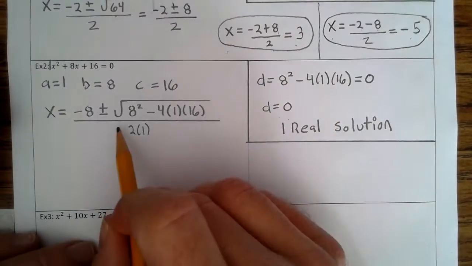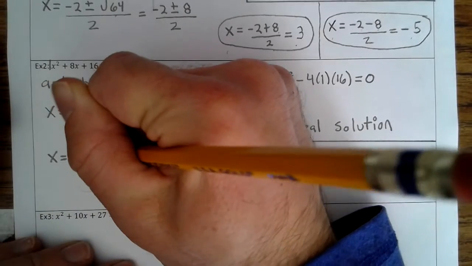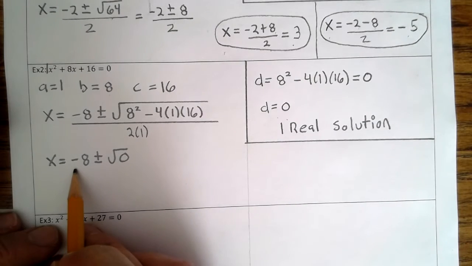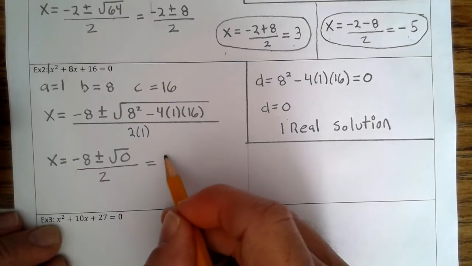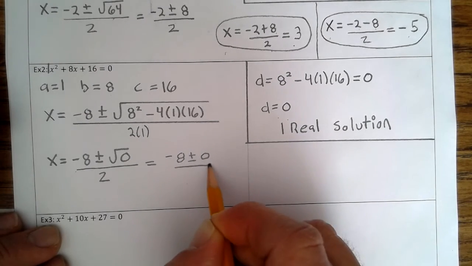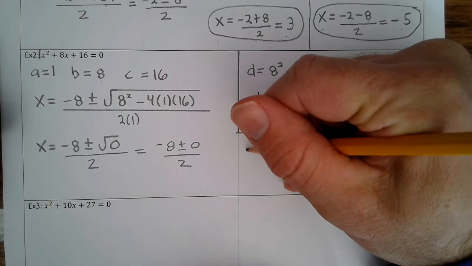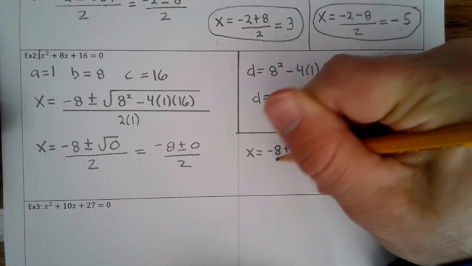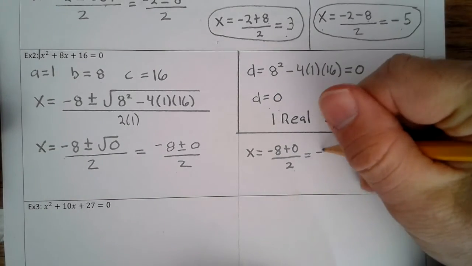Now let's work to find that solution. So x equals negative 8 plus or minus the square root of 0, because we just found that value, divided by 2. That becomes negative 8 plus or minus 0 divided by 2. So x equals negative 8 plus 0 divided by 2, which is negative 4.